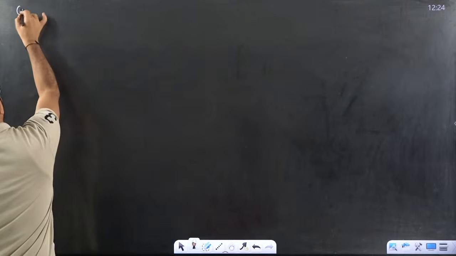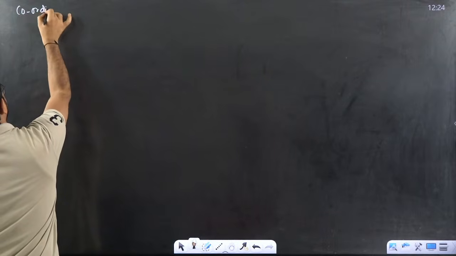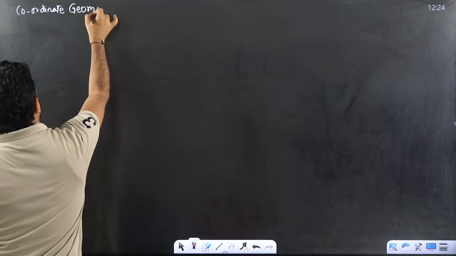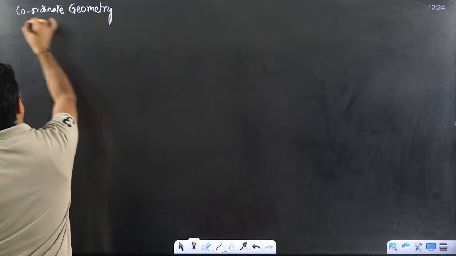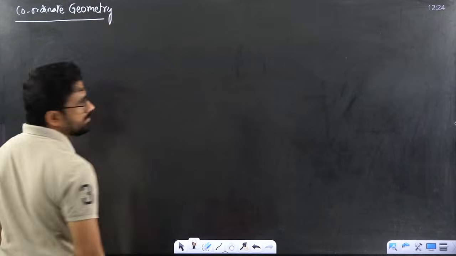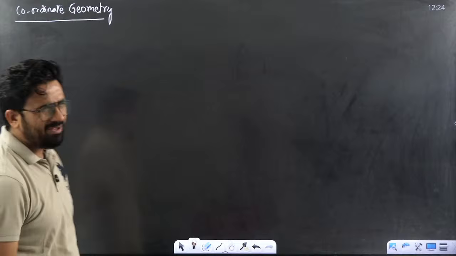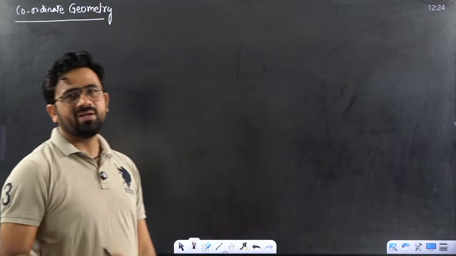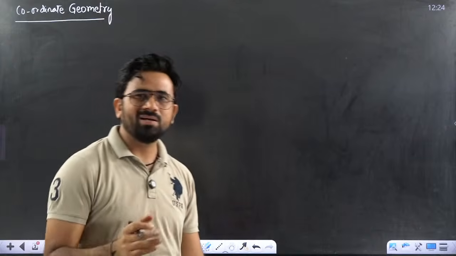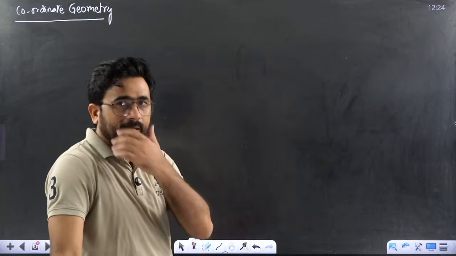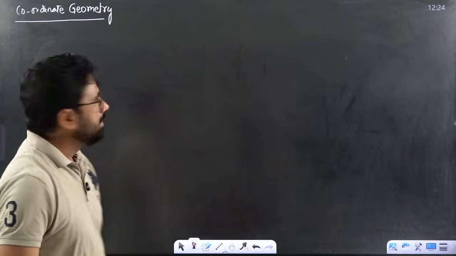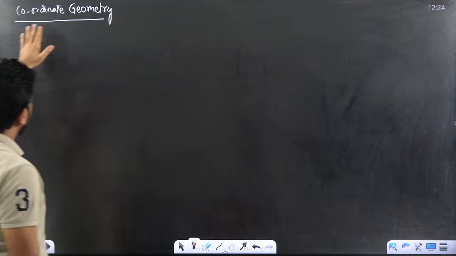This is coordinate geometry, which is used in our syllabus, because we have to draw so many graphs and read so many graphs, so we have to understand what is a straight line, what is a parabola, what is a circle, what is an ellipse, what is a hyperbola. This has to be understood properly in our syllabus.